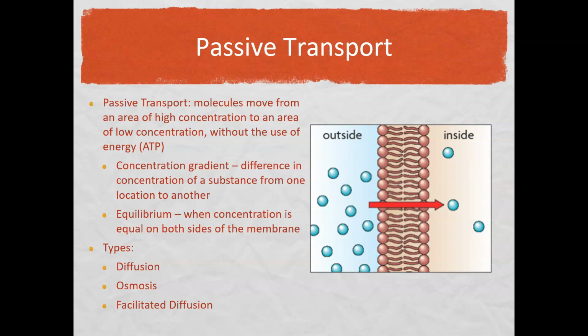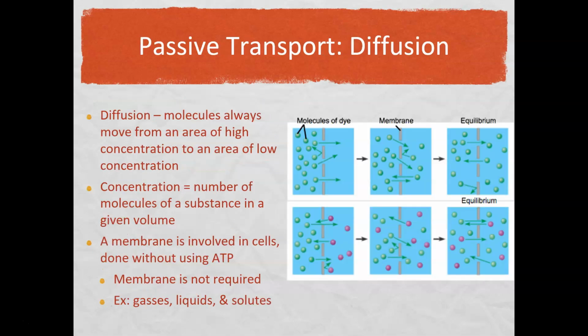So when we look at passive transport in terms of how I can move things, actual processes I can use that aren't going to require energy, I really have three types, and that's this idea of general diffusion, osmosis, and then facilitated diffusion. So let's kind of walk through each of these. So if I talk about diffusion in general, all right, it really is just the definition of passive transport.